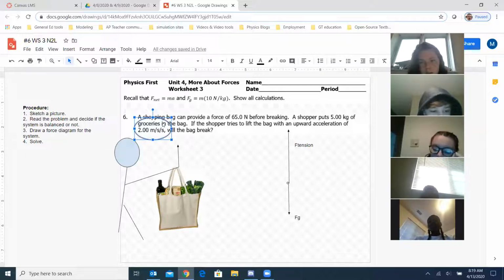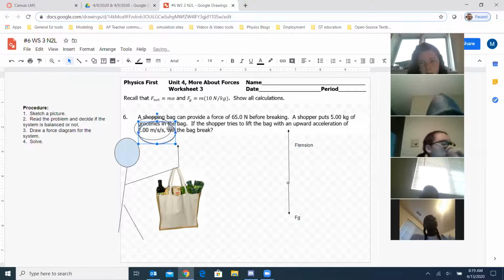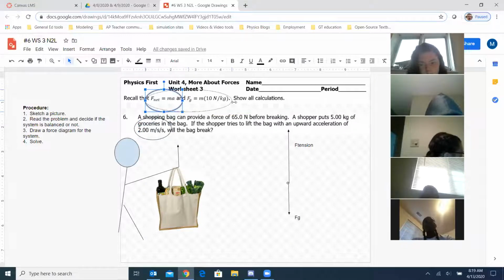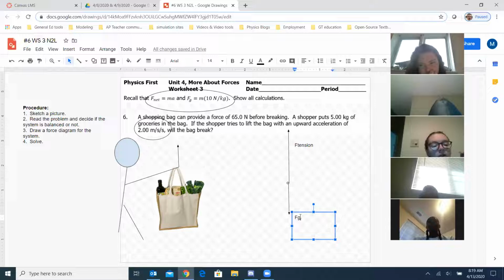So I only have 2 equations. Those are the equations I'm going to use to solve this. This new equation, F net equals ma, and one we found at the beginning of the unit, the weight equals m times 10. So I'm going to start off with the weight, Fg. Fg is going to be equal to m times 10.